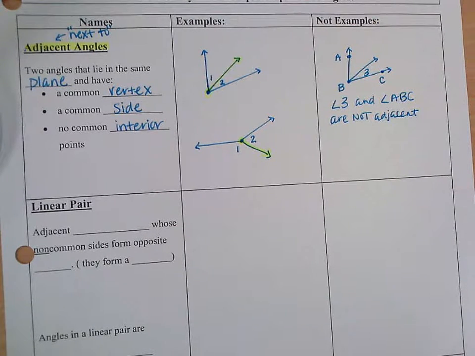If you wanted to add more notes to yours, angle 3 is actually inside of angle ABC, and that's why they are not.